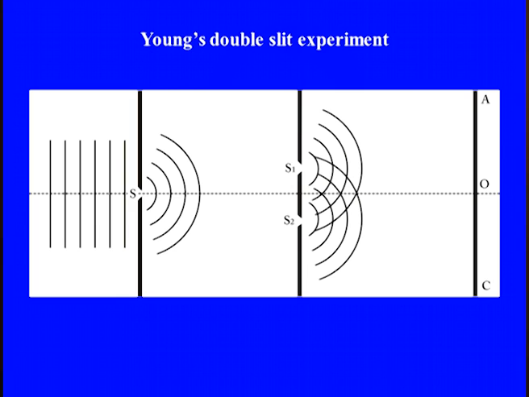If we examine the light on the screen, we see evenly spaced bright and dark bands, which are known as interference fringes. Since the path S S1 equals S S2, the wavelets arrive at slits S1 and S2 at the same instant.